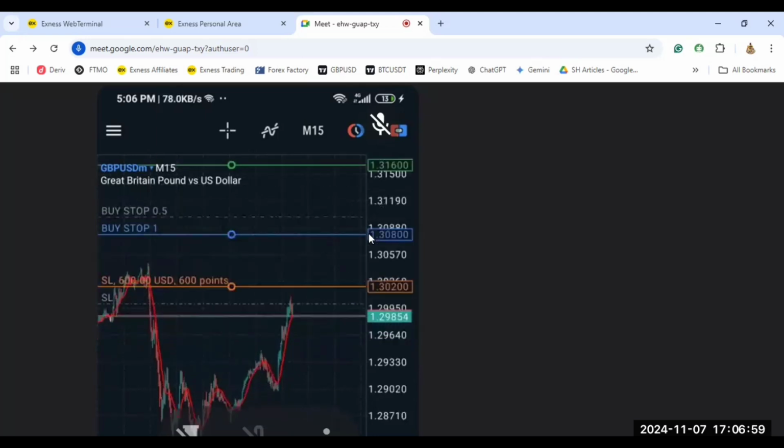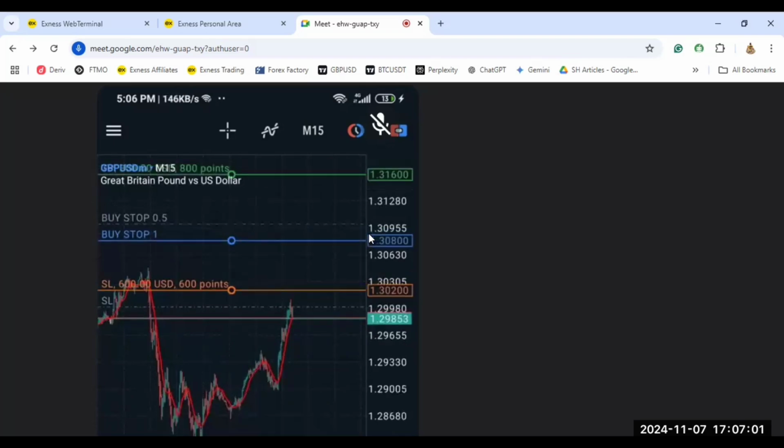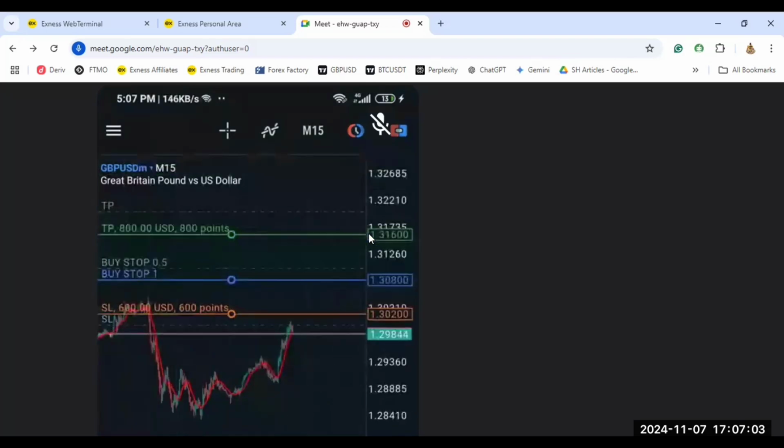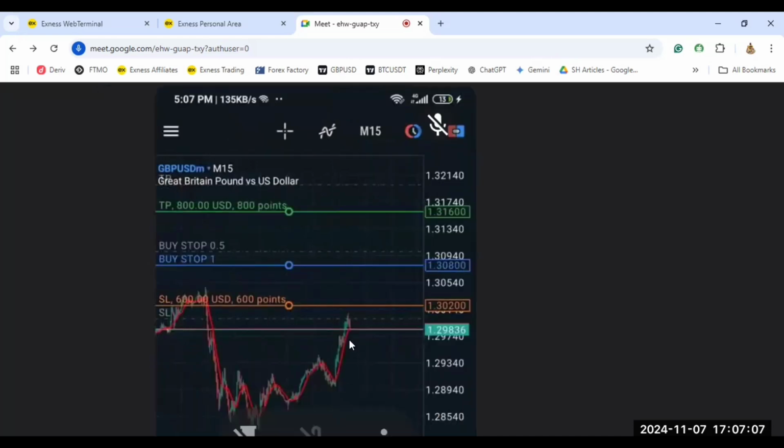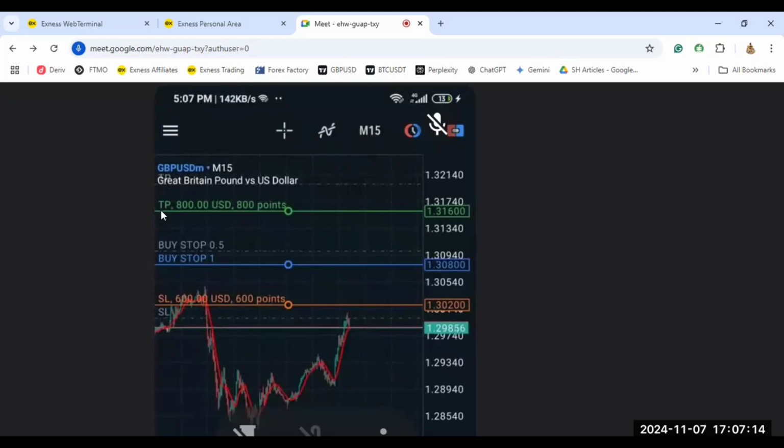If you click on it, it will give you what is happening there. You can see. So if everything goes as planned, I enter with one lot size. You can see you will make 800. This is just an example. This is not how to really put your take profit levels and your stop loss, because I can't be risking 600 to get 800.